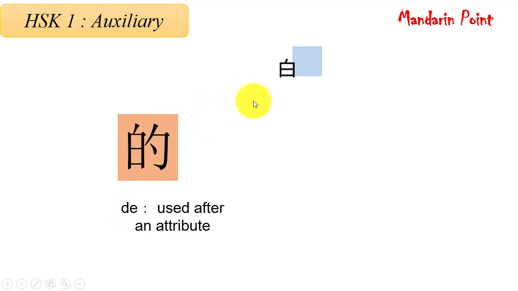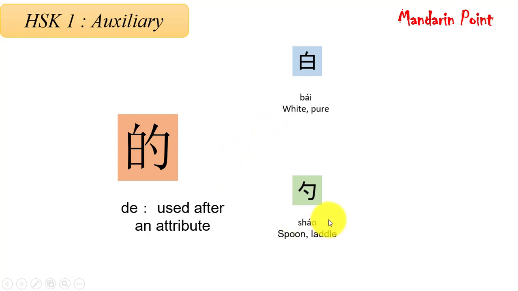On the left side we have bai, meaning white or pure, while on the right side we have this shao, meaning spoon or ladle. So this one can further be simplified. At the top we have this tian, and this one is ri, meaning sun or day, while this one can be further simplified.